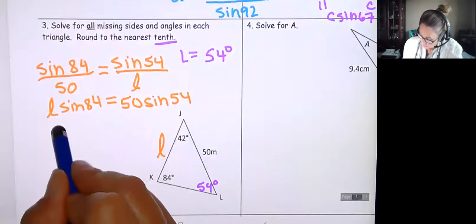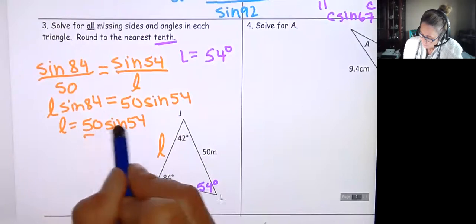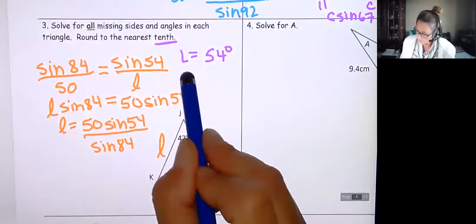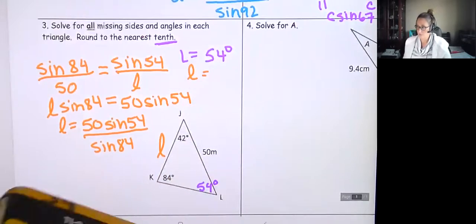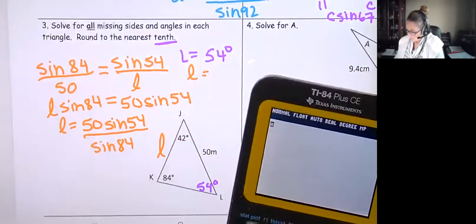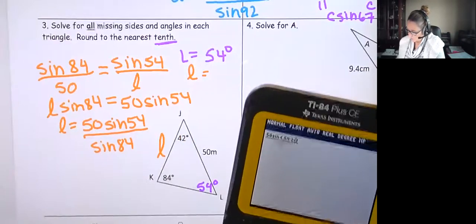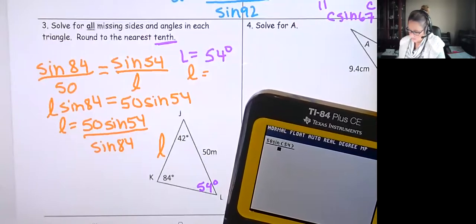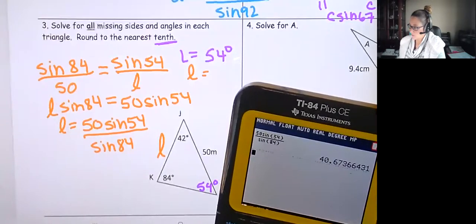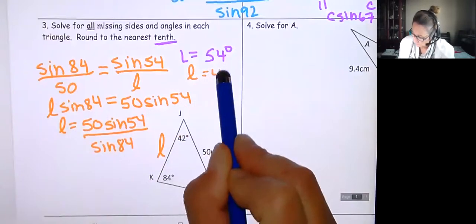Divide both sides by sine of 84. So I get 50 times sine of 54 over sine of 84. And I'm going to put that in my calculator to find little l. Okay. And so I'm going to do alpha y equal 50 sine 54 over sine 84. And I end up with 40.67, so 40.7.